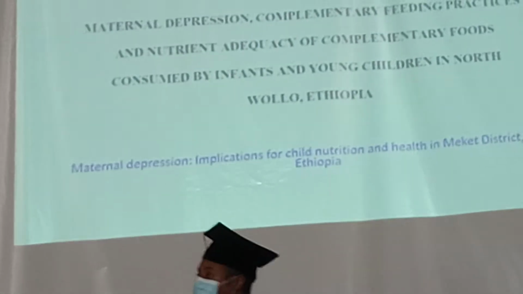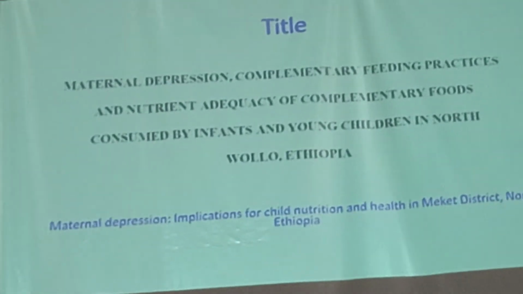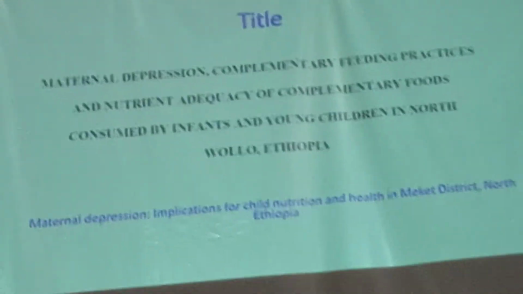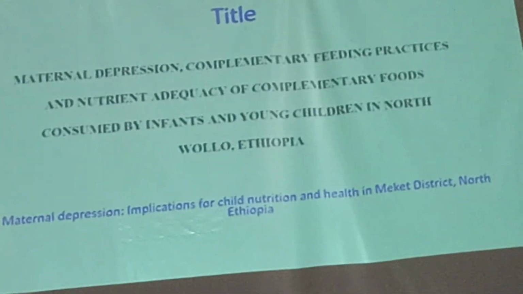To some extent, it's also questionable whether these studies can really be generalized to the entire country when the study was conducted in one state. So probably I would go for a title such as complementary feeding and child nutrition and health practice.